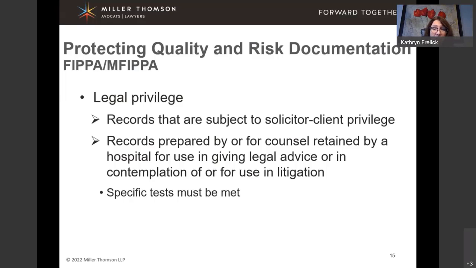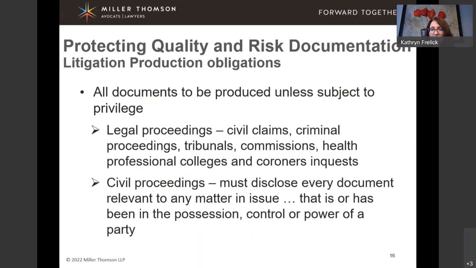So again, there's a special portion of the exemption that applies to hospital counsel, whether it's internal or external retained by the hospital, and it applies to both solicitor and client and other litigation privilege.